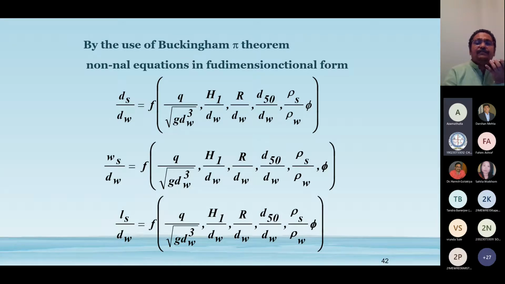Then density, then lip angle, then width of scour, then location of scour. Then I have 95 sets of data. I considered 75 for training, for the regression models. I will show you next, please.